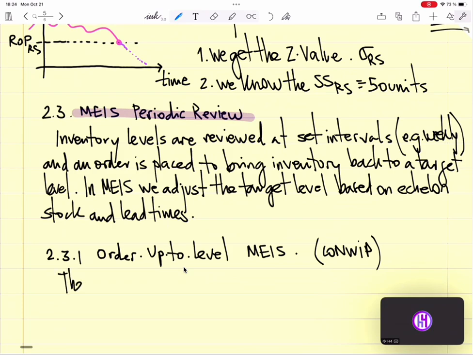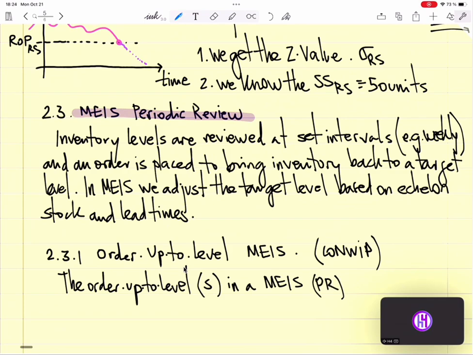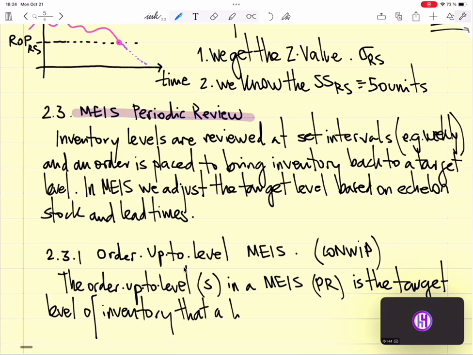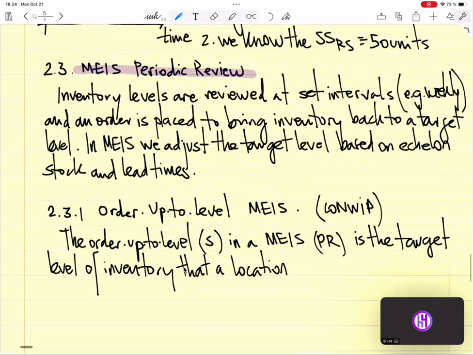The order-up-to level S in a multi-echelon inventory periodic review is the target level of inventory that the allocation aims to reach after each review.